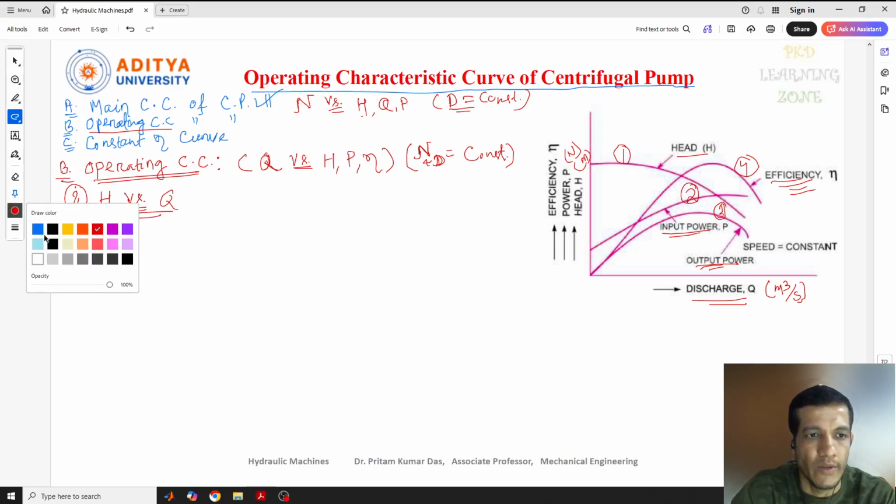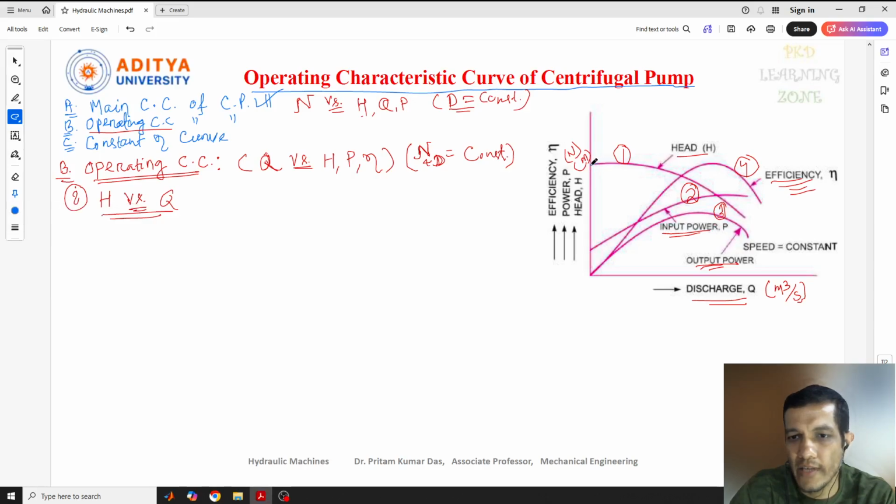Here this is our origin point, 0, then we can consider the values 1, 2, 3, 4, 5, 6 on the x-axis.